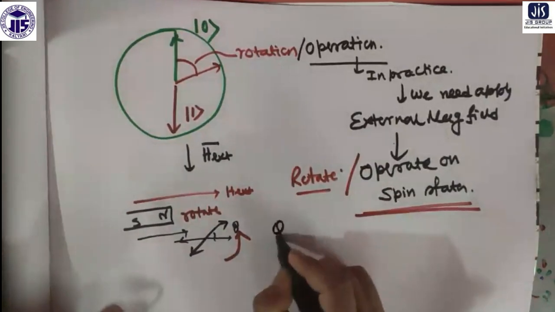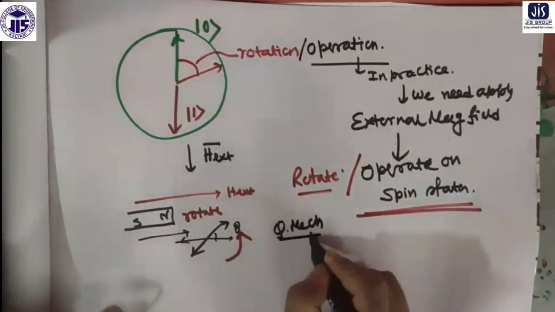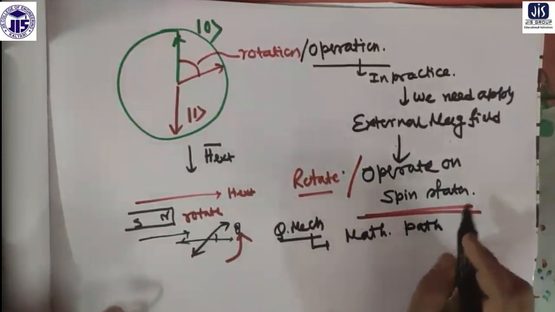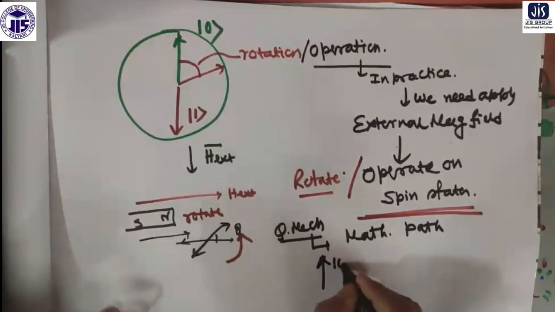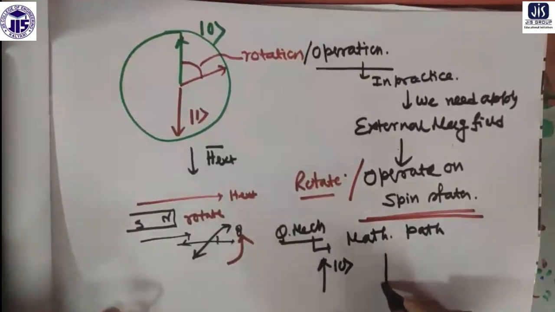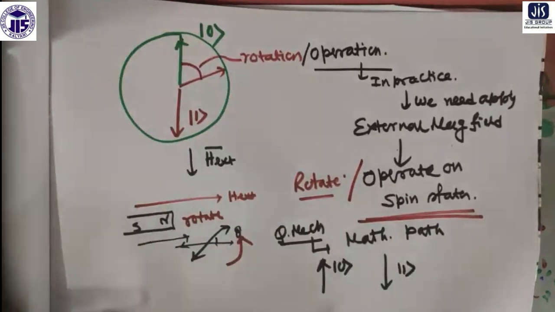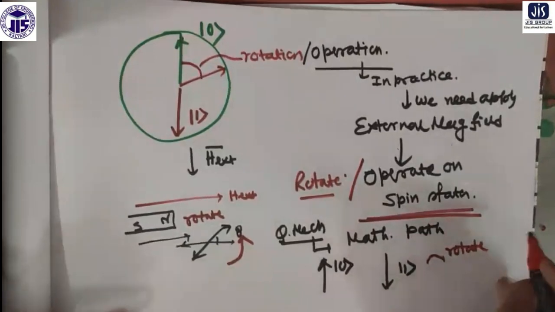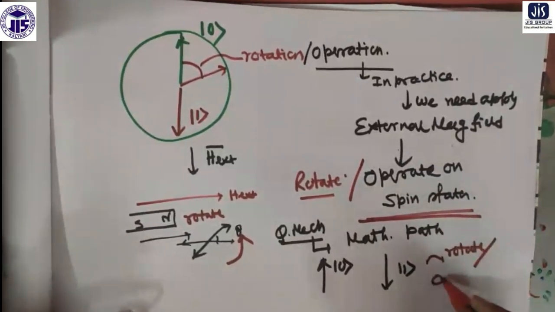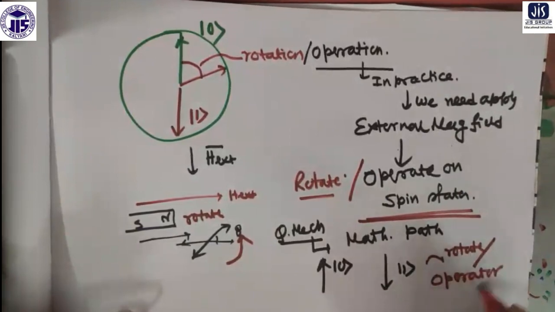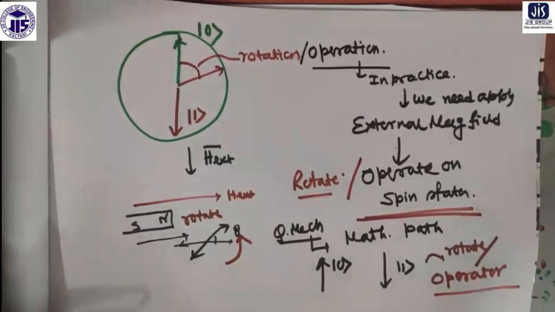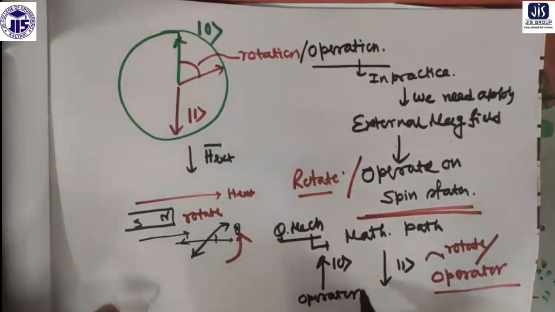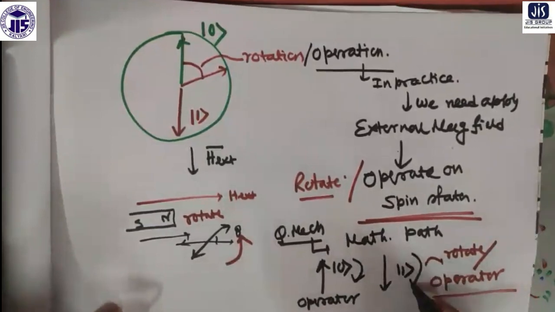Now, in quantum mechanics, I have to tell you the mathematics part also. Mathematically speaking, there is a spin vector, zero vector or one vector, whatever you are saying. You are trying to rotate these vectors, you are trying to operate on them. So there must be a corresponding mathematical operator for that. There will be a correct operator which will rotate the zero vector or one vector.